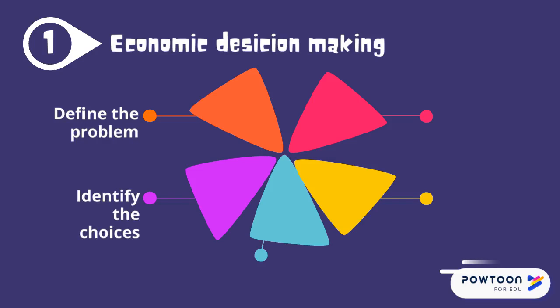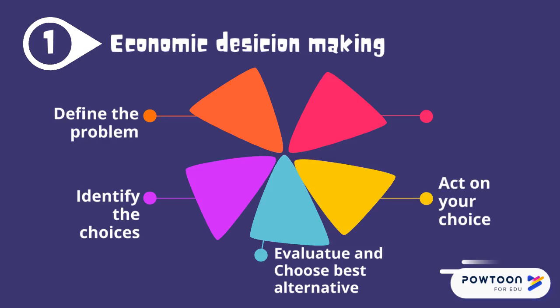It is important to identify and then consider all the alternatives when making a decision. Evaluate and then select the choice that you believe will be best for you at this particular time. Once you have made what you believe is the best decision, act on your choice. After you have had a chance to experience the results of your choice, it is important to review your choice.